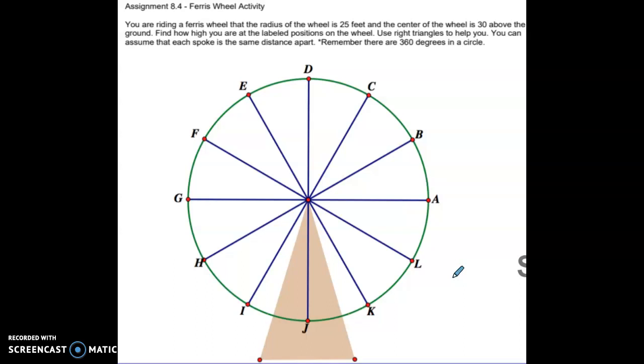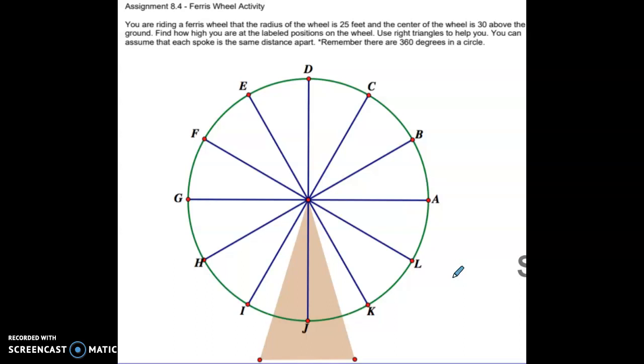So what we're looking at here is, let's say that you're riding a Ferris wheel and you want to know how high you are above the ground at any point of the Ferris wheel stopping. So if you notice, this could rotate around, and right now J is at the bottom, but it could rotate around to any point on the Ferris wheel being at the bottom.